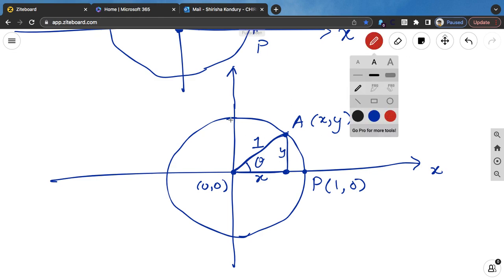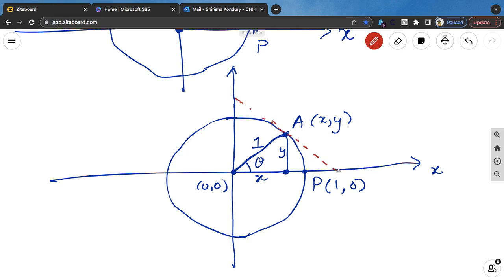Now let me draw a tangent to the circle at A. It's meeting the circle only at one point, and then it is intersecting. Let me only write the points.